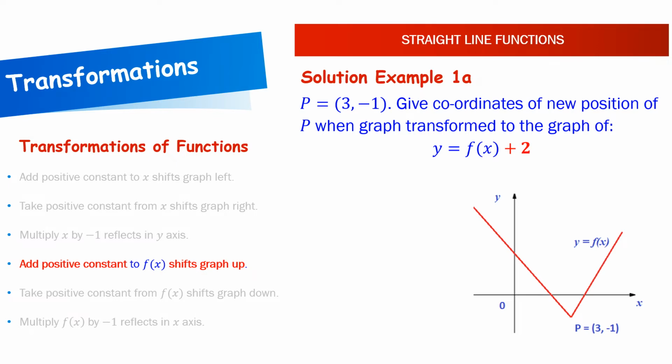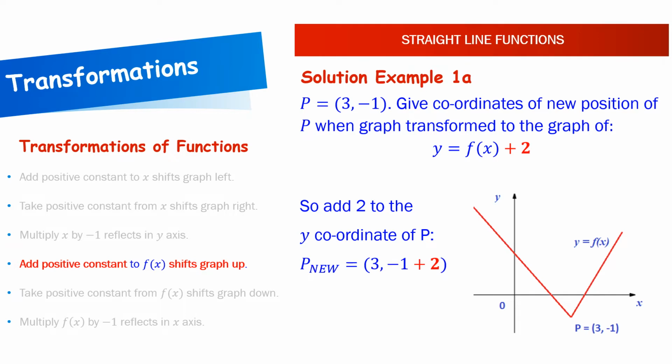This graph will shift up by 2. So add 2 to the y coordinate of P. So the new value of P will be 3, -1 plus 2. So the new coordinate is 3, 1.